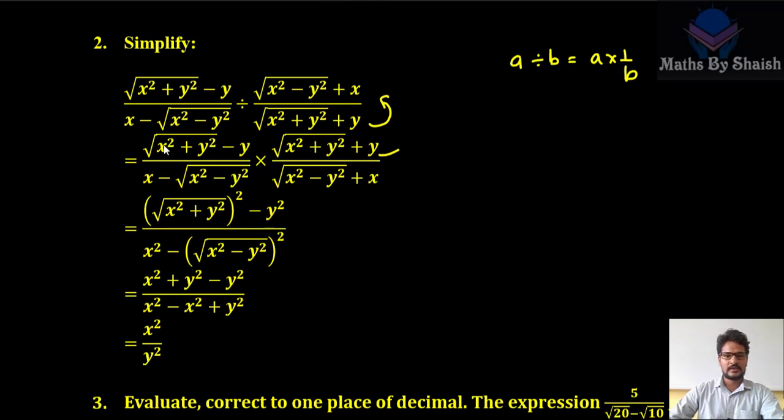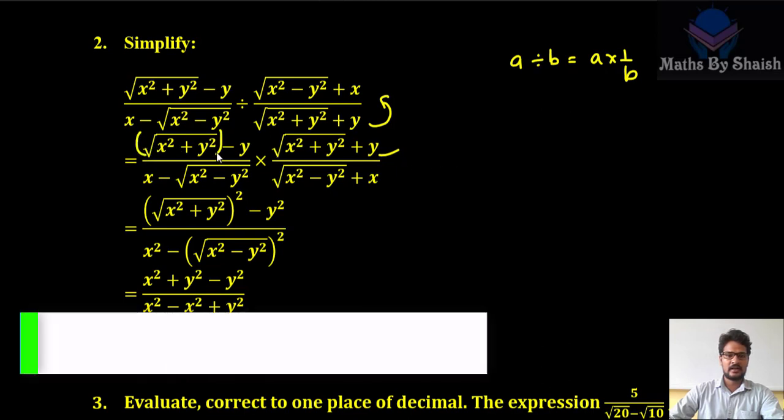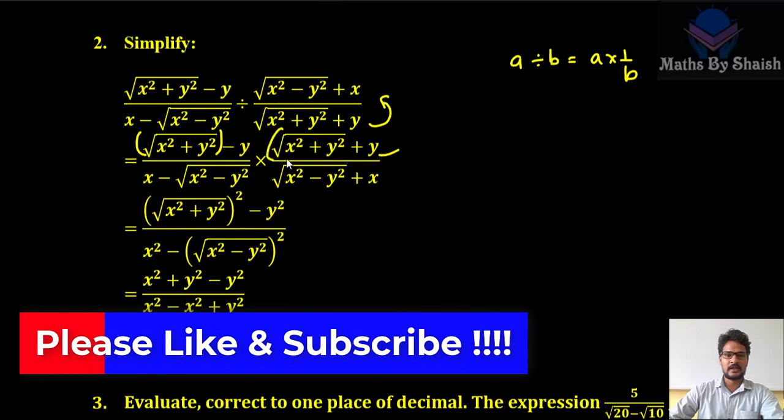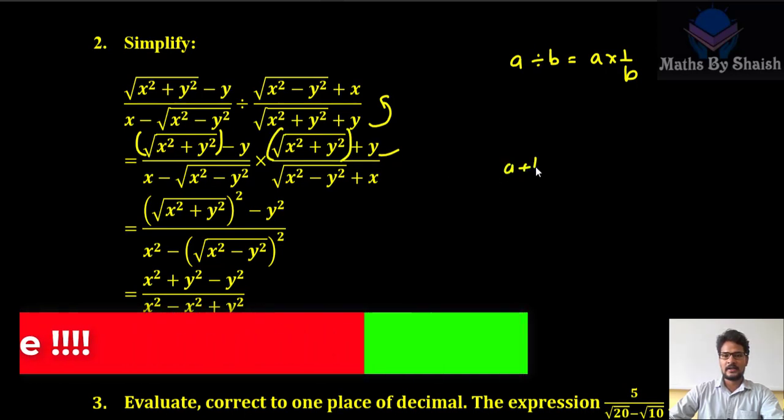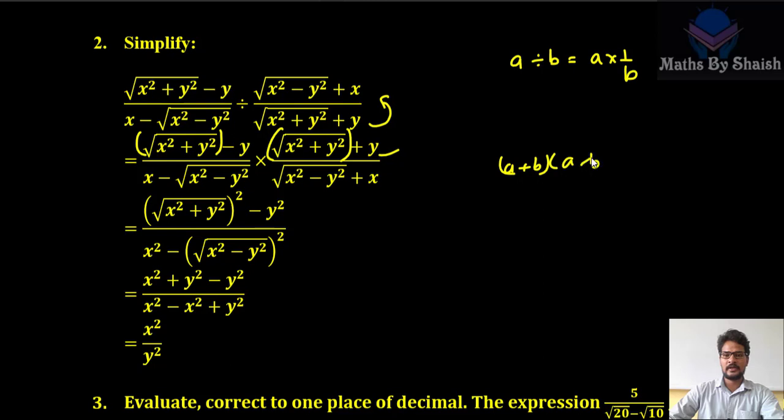Now we can see this as a minus b and here a plus b. By the identity (a plus b)(a minus b) we have a square minus b square. So we got this square minus y square, and the square and square root cancel, and we get x square plus y square, and here it is y square.